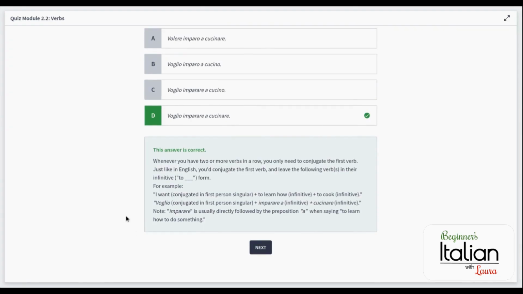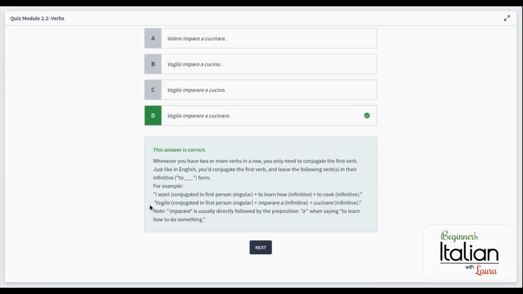Letter D was the correct answer. Whenever you have two or more verbs in a row, you only need to conjugate the first verb. Just like in English, you'd conjugate the first verb and leave the following verb or verbs in their infinitive form. For example, I want, conjugated in the first person singular, plus to learn how in the infinitive, plus to cook in the infinitive.